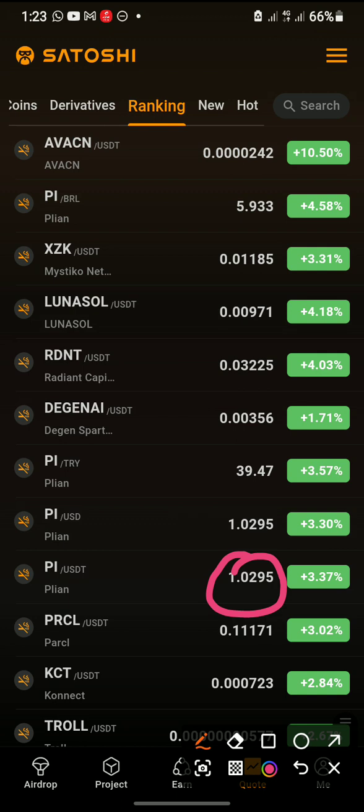So Pi is now above $1 currently because the merchant is over, like I told you guys earlier.